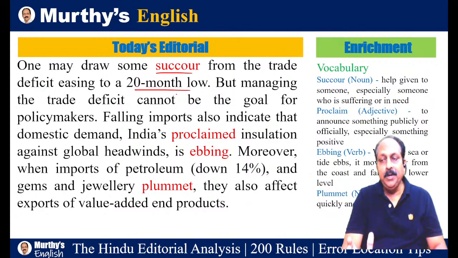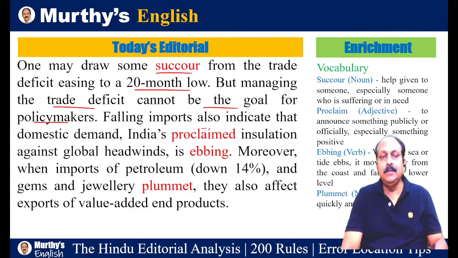Trade deficit should not be high, it has to be low. So, easing to a 20-month low. But that is something positive. But managing the trade deficit cannot be the goal for policymakers. When it comes to policymakers, that is not the goal. What is that? Trade deficit. That cannot be the goal for policymakers. Something else has to be the goal.